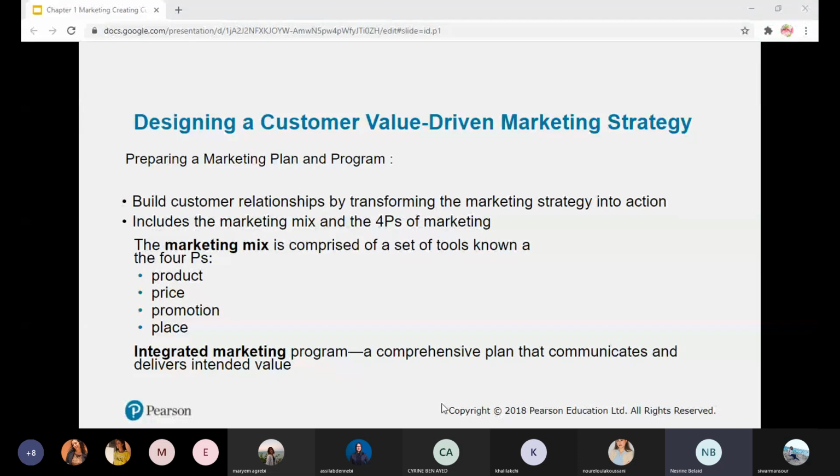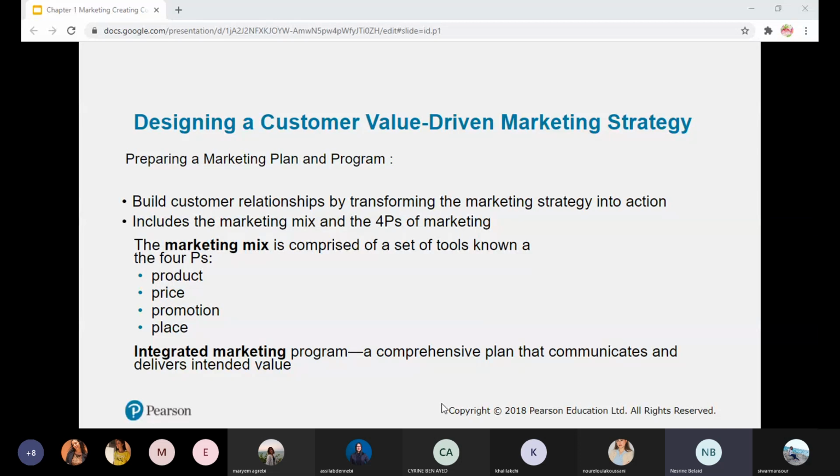It must then decide how much it will charge for the offering. So we have this product. Now we will think how much we will charge for this offering. And this is what we call the price.